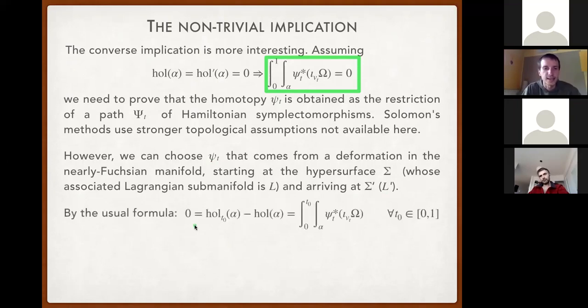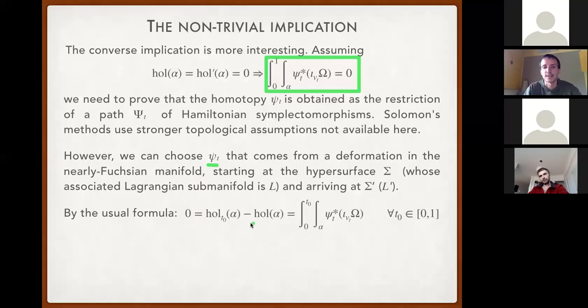And in this case, we have the usual formula, but now on this special homotopy psi_t, the holonomy at time t minus the holonomy at time 0 is always 0, because all these submanifolds which we get in the space of oriented geodesics come from hypersurfaces in the nearly-Fuchsian manifold by construction. And therefore, we have the integral.